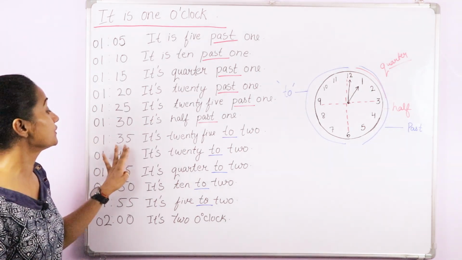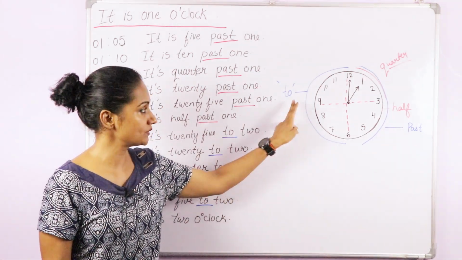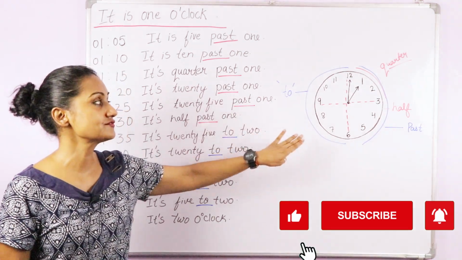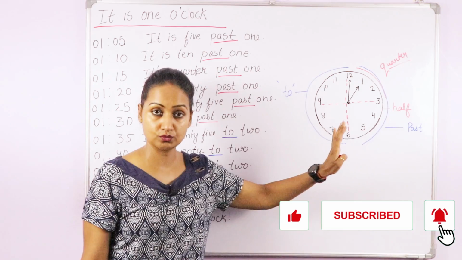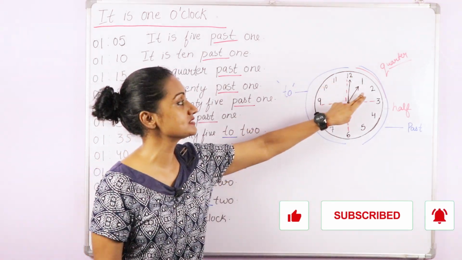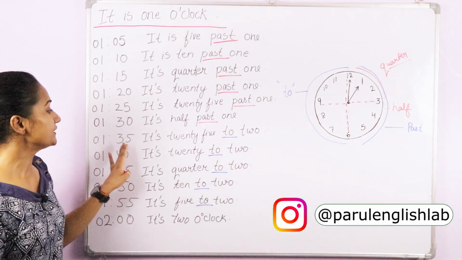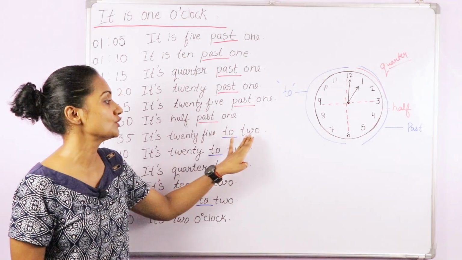Now it's 1:35. Now we have moved to this half, so we will use to, and since we have shifted to this half, now the hour will also change. It will become 2, because we are moving towards 2 o'clock. So 1:35 will be 25 to 2.